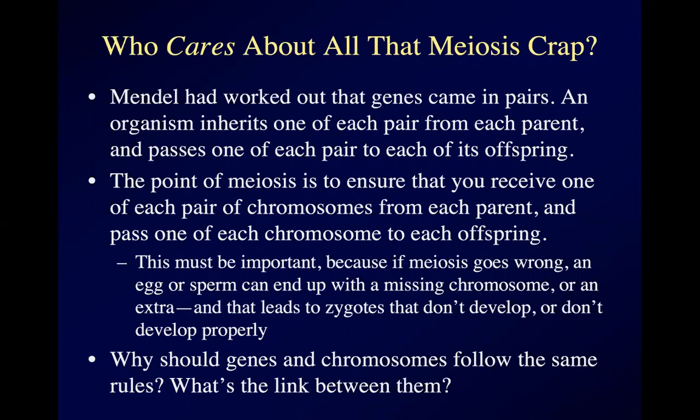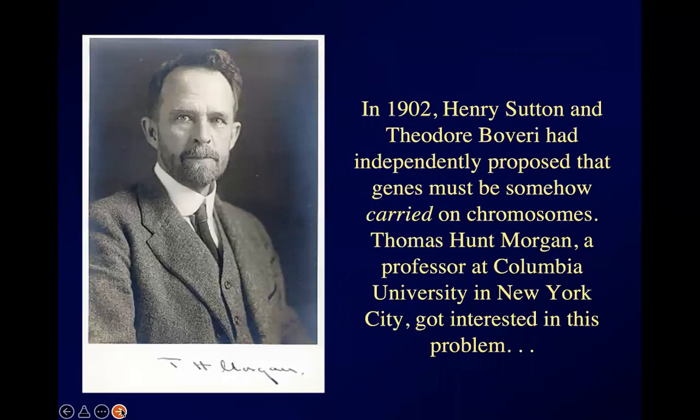So this is important. The reason why I dragged you through all of that cell division stage stuff is that genes and chromosomes are following the same rules. Could there be some sort of link between them? Well, you might remember that Mendel's work was forgotten about for 35 years, but it was rediscovered around 1900.